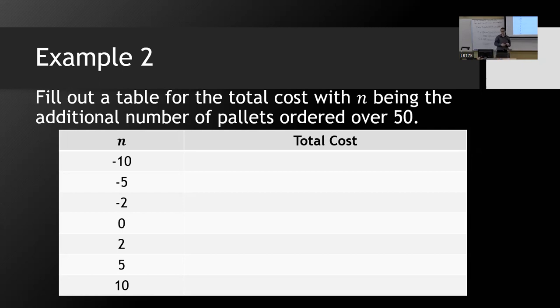I want you to plug in a bunch of n's to see what the total cost is when n is negative 10, negative 5, negative 2, 0, 2, 5, and then positive 10. Go ahead and try to plug those in.